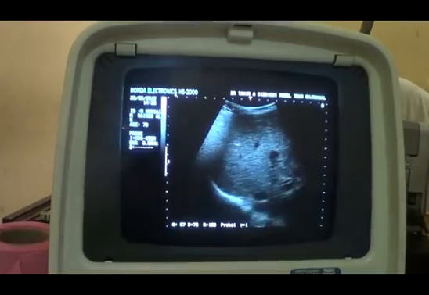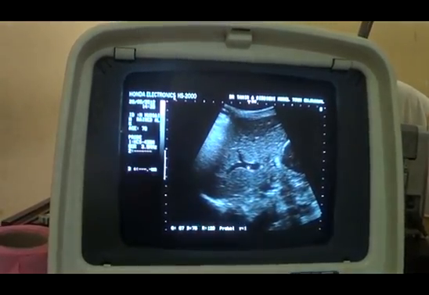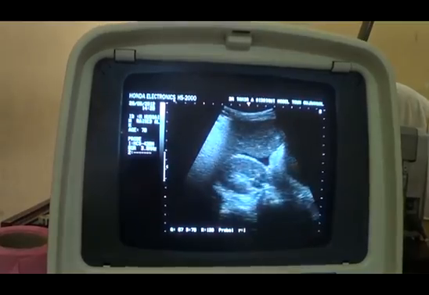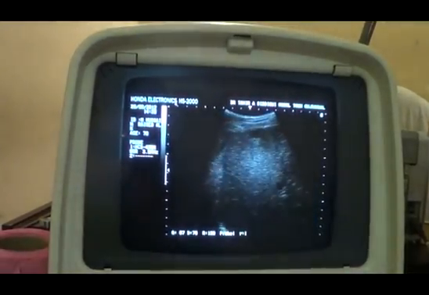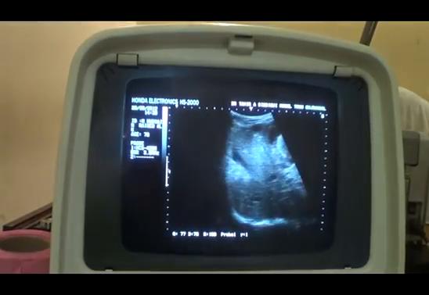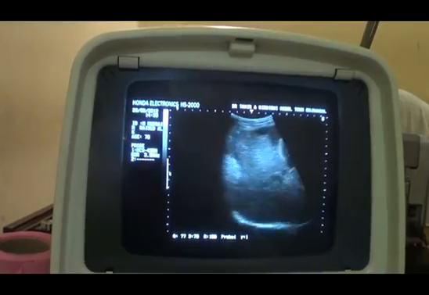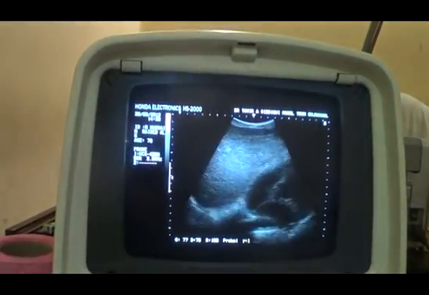Now this is the portal vein dividing into anterior and posterior branches. This is the right portal vein. Here we are seeing the right lobe of the liver in total. Here we are seeing the left lobe of the liver in total.